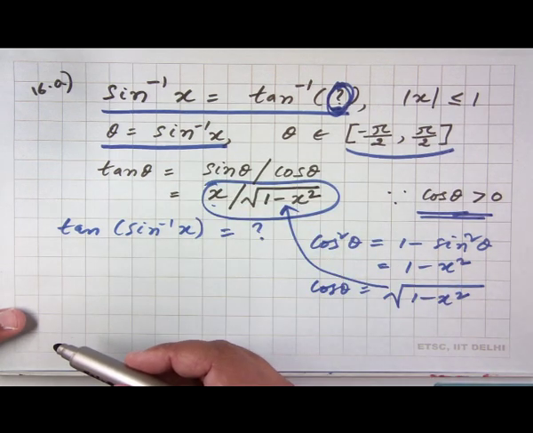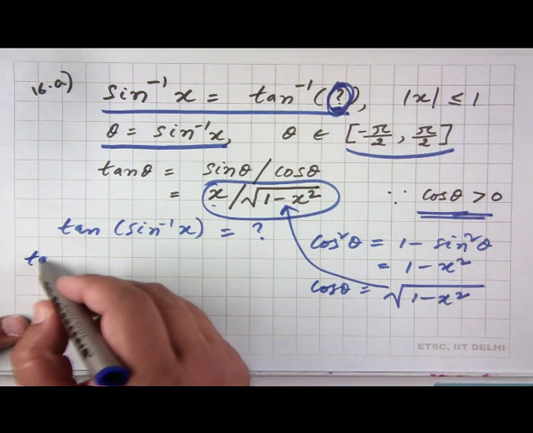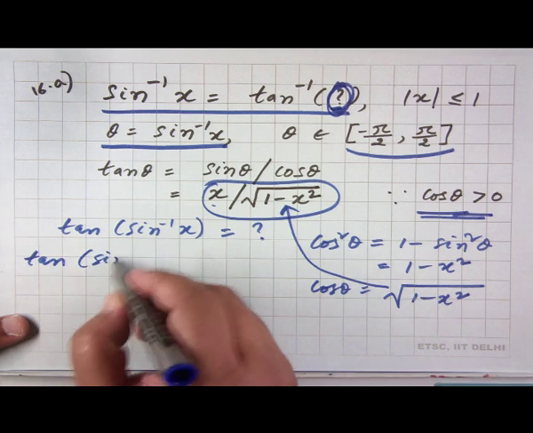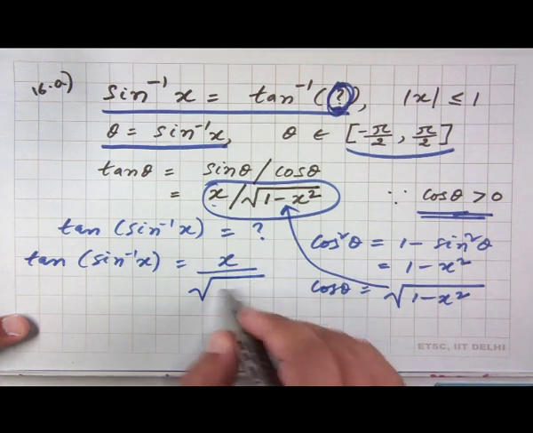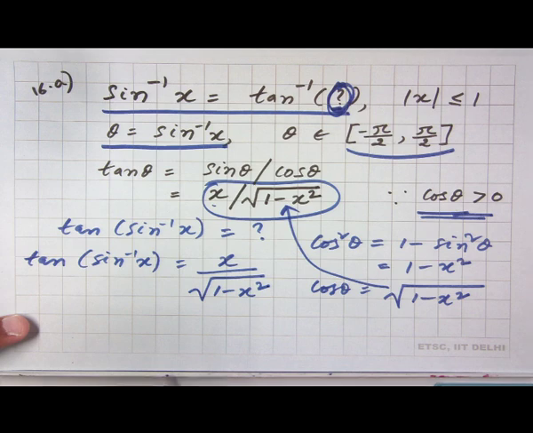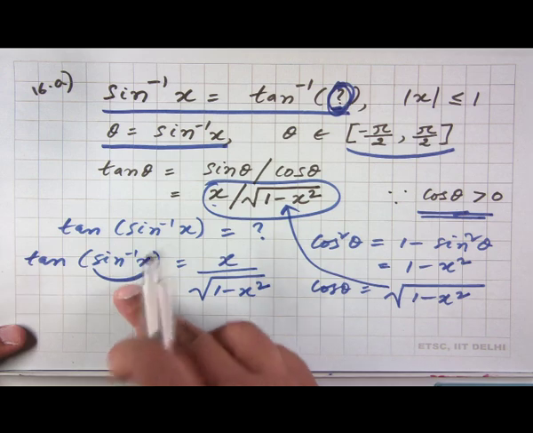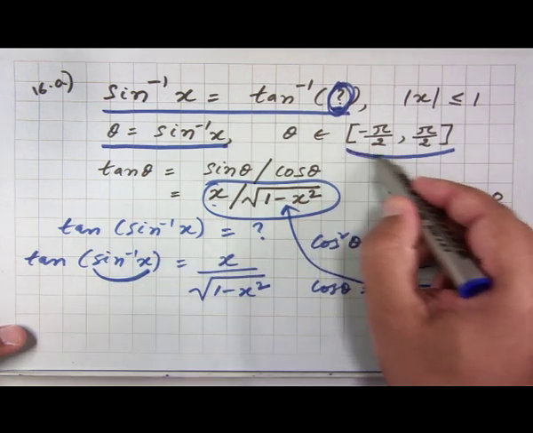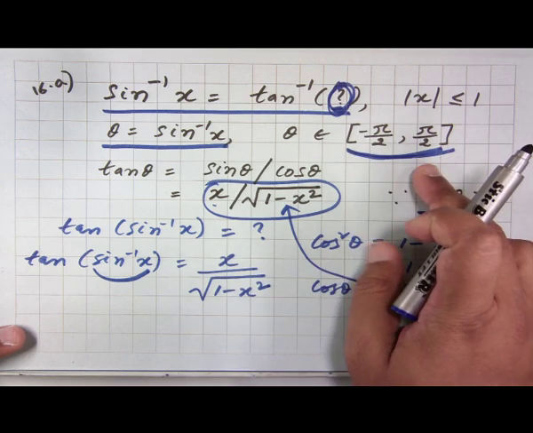minus x square. And so, if you want to write it cleanly, we can write it as tan of sine inverse x equals x over root of 1 minus x square. And because now, if you see, this sine inverse x will obviously belong to this interval, and this interval also happens to be the range set of tan inverse.